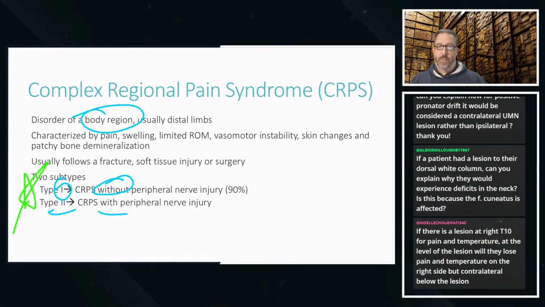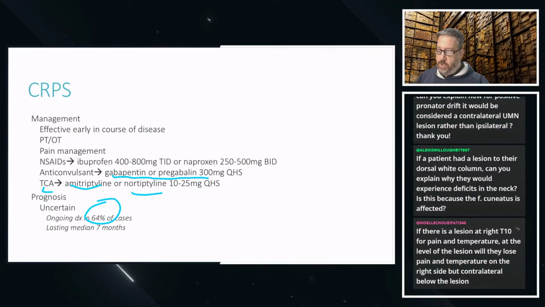On your physical exam and x-ray findings, you don't really see much. As far as treatment, early in the course, pain management, NSAIDs. If you need the TCAs, you can add them later. Or gabapentin for that neuropathic pain.